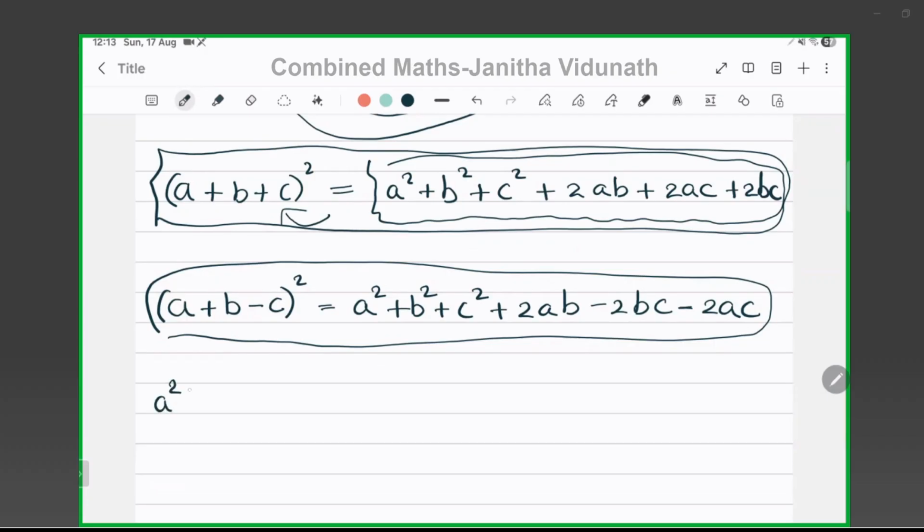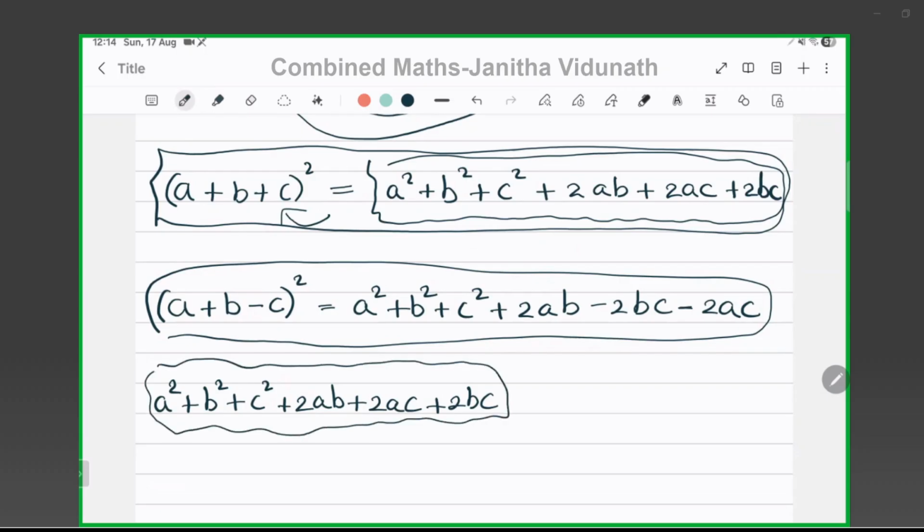Now think someone gives us this expression: a square plus b square plus c square plus 2ab plus 2ac plus 2bc. Okay. First thing we need to identify is there are six terms here. From these six terms, we have three square terms.